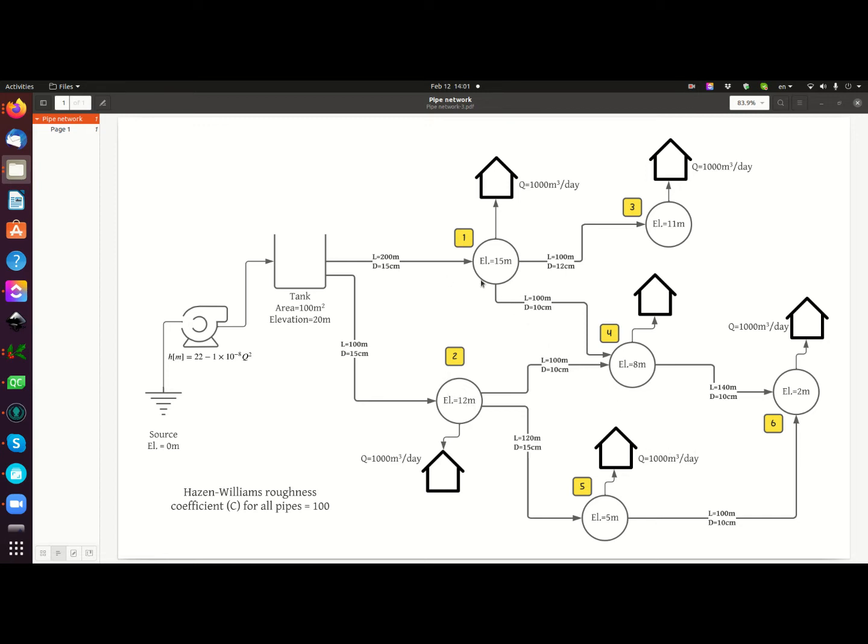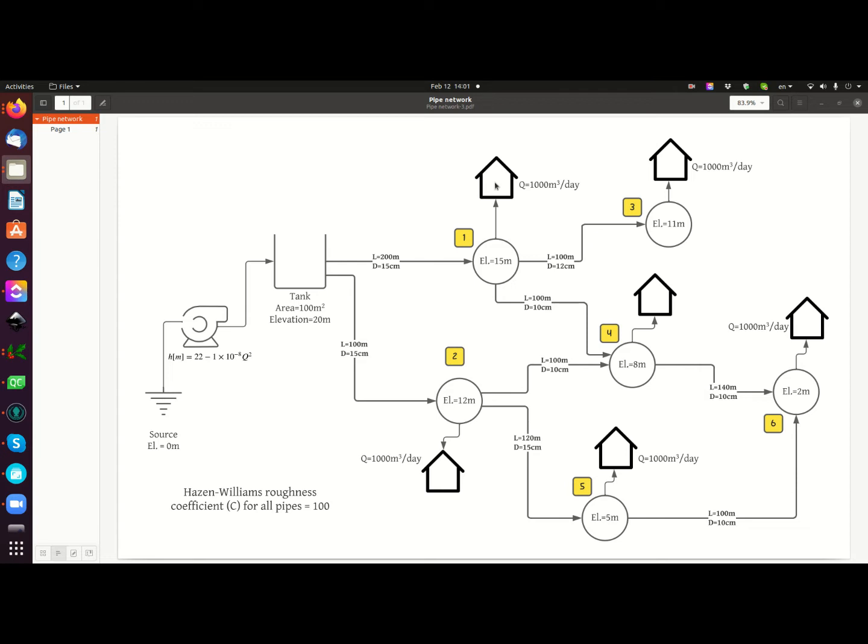And then we have consumers that are shown using these house icons, that are basically withdrawing water from these nodes. I'm going to assume that the demand of each of the consumers is constant and is 1,000 cubic meters per day.